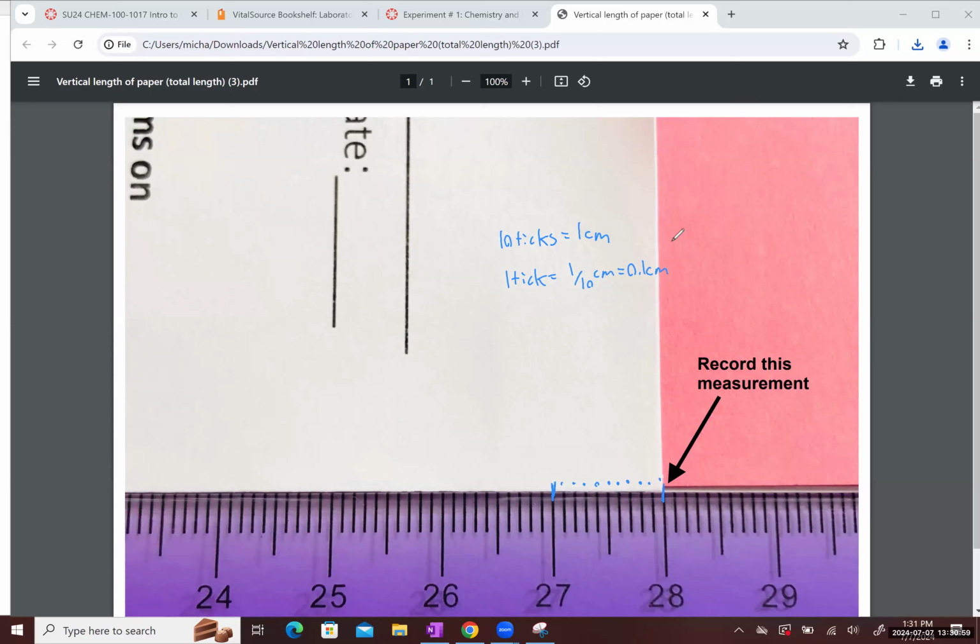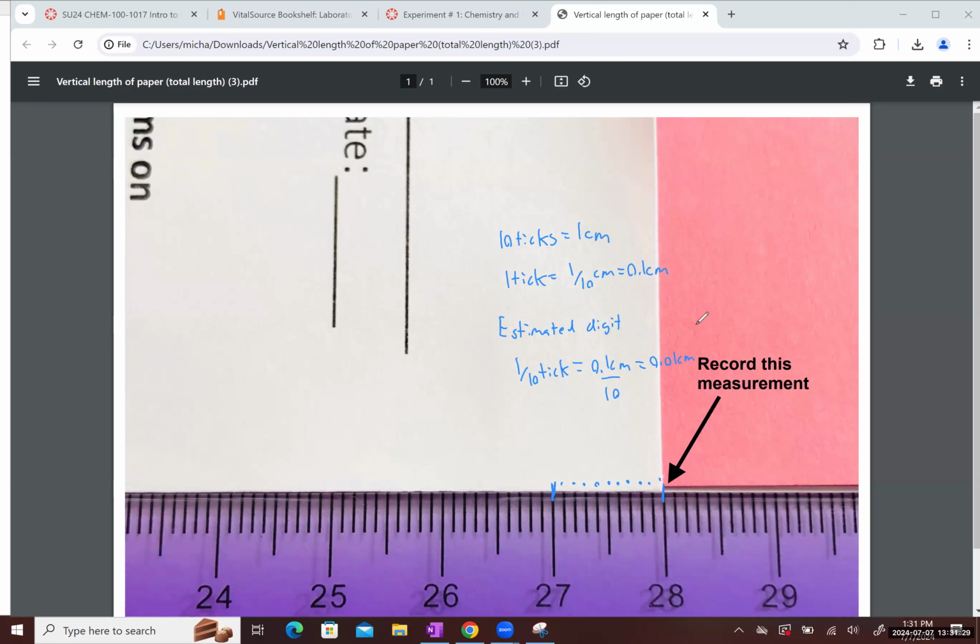The reason why I'm analyzing the value of a tick mark is both to take my measurement in terms of certain digits and to estimate an estimated digit. So for our estimated digit, we can estimate up to 1/10 of a tick, or 1 decimal place past the smallest graduated mark. So we take 0.1 centimeters over 10, and that gives us 0.01 centimeters.